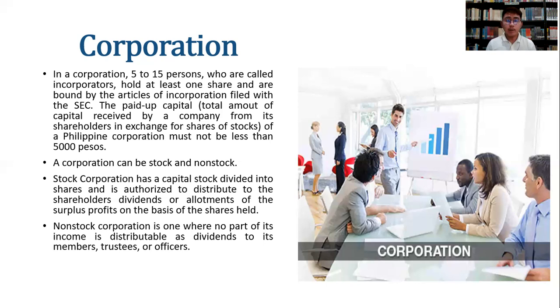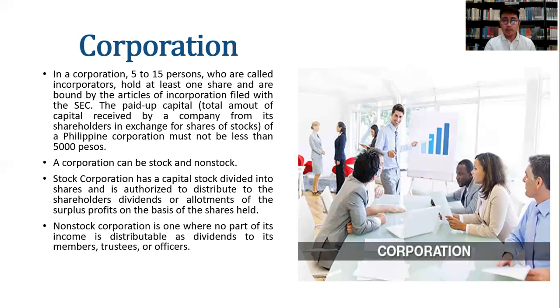Okay? So the corporation can be stock and non-stock. So the stock corporation has a capital stock divided into shares, and is authorized to distribute to the shareholders dividends or allotment of the surplus profit on the basis of the shares held. So the non-stock corporation naman is one where no part of its income is distributed as dividend to its members, trustees, and officers.